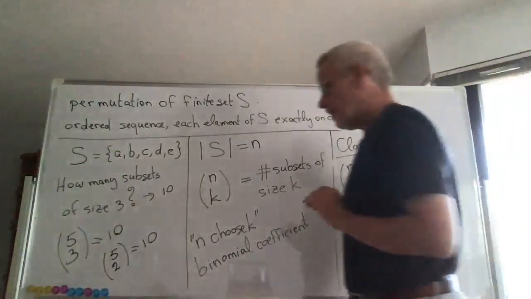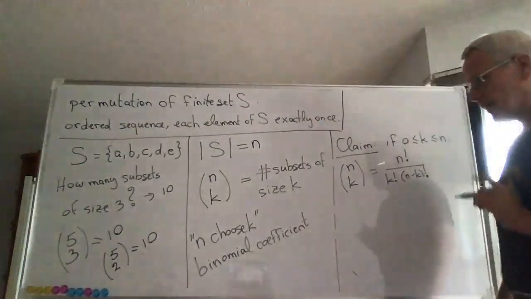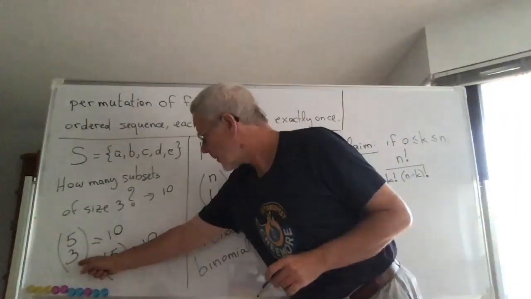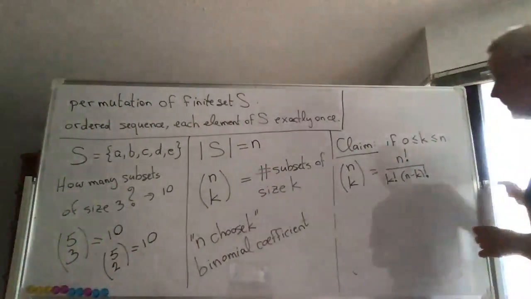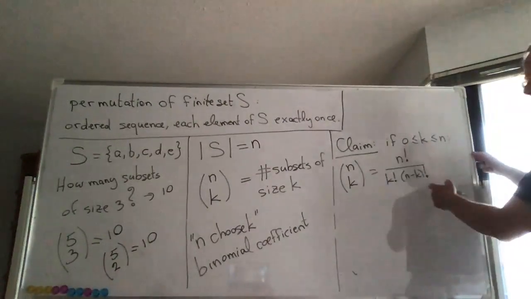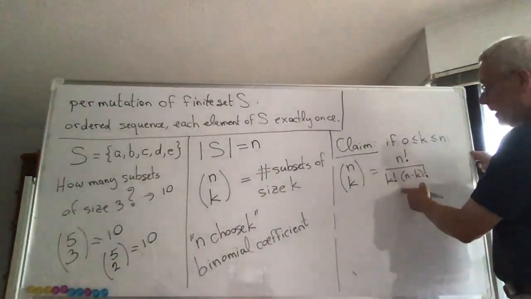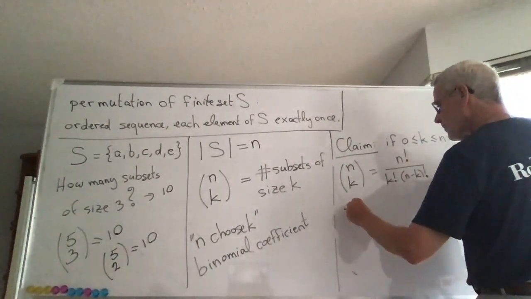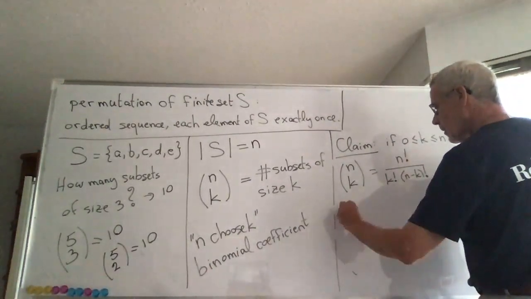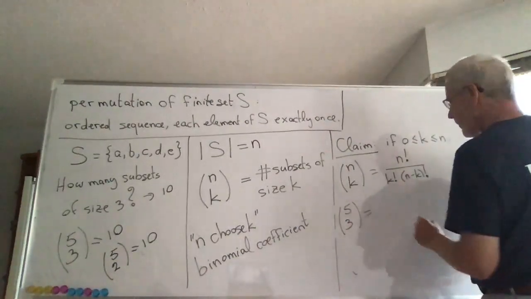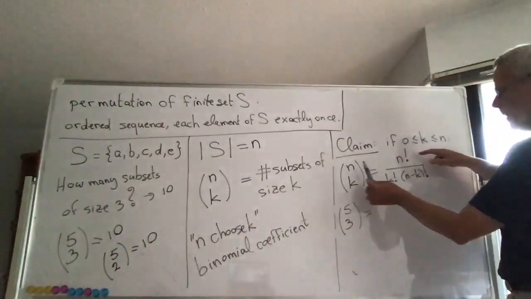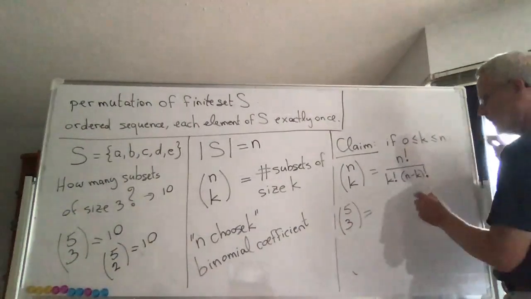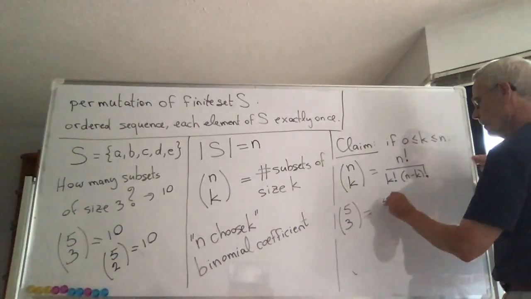This is the claim. As a quick check, let's verify that for 5 choose 3 this formula really gives 10. For n choose k, we take n factorial, so we get 5 factorial.